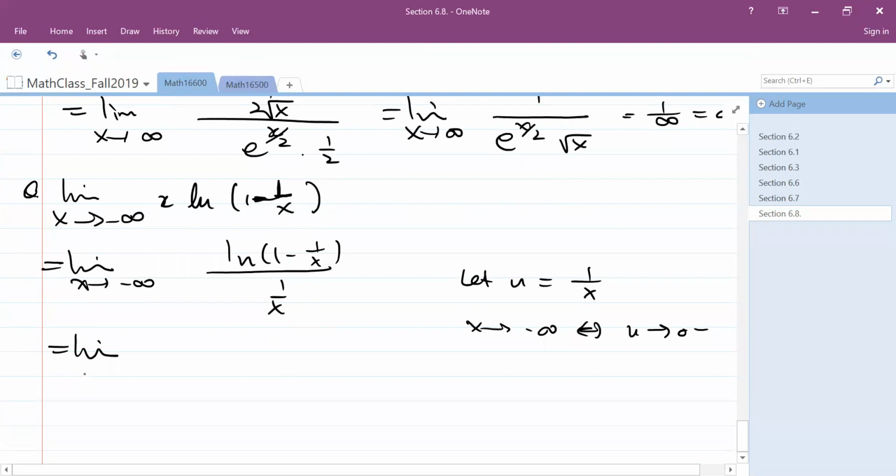I can change it to the natural log of 1 minus u, over u.